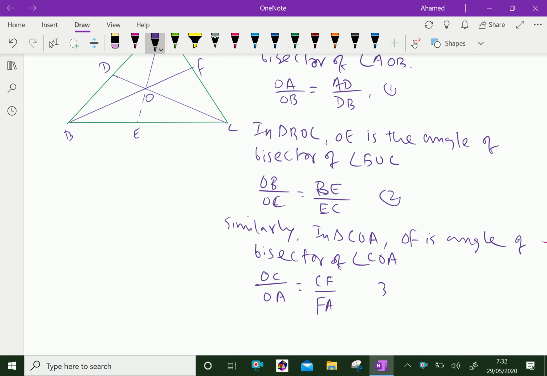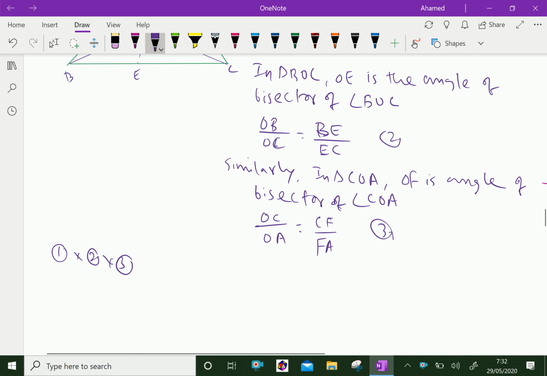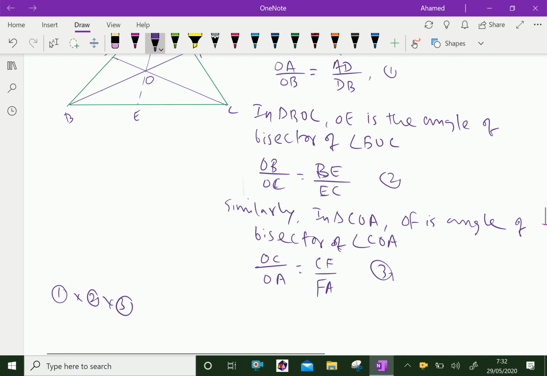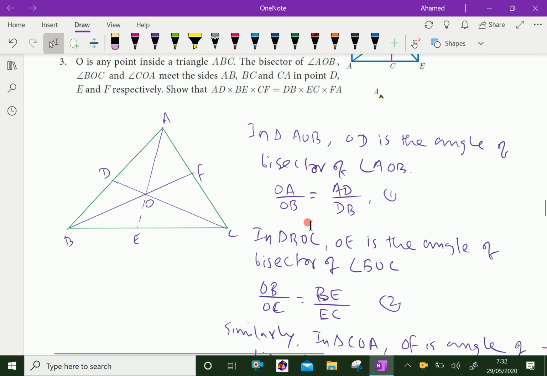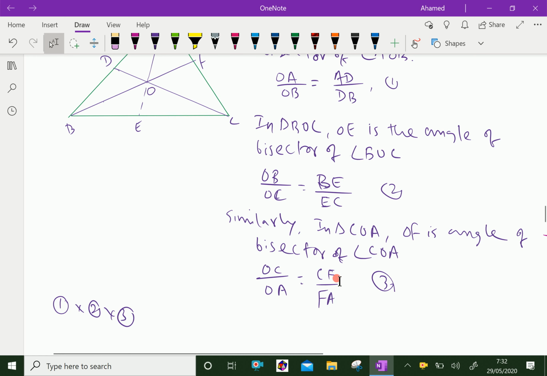Let it be 3. Multiplying 1, 2, 3. We will get: 1, OA over OB equals AD by DB; 2, OB over OC equals BE by EC; and 3, OC by OA equals CF by FA.